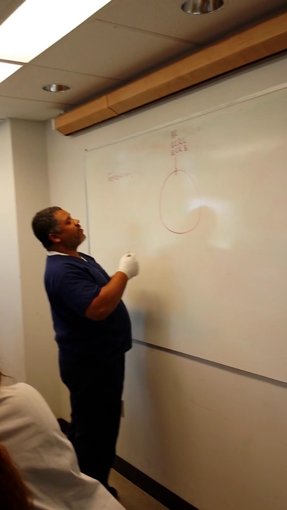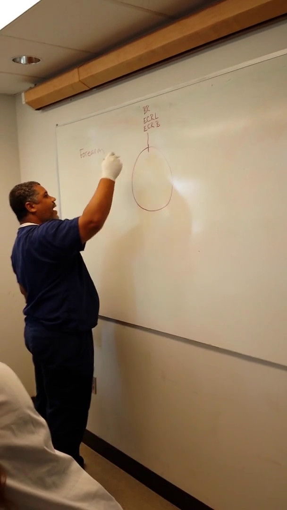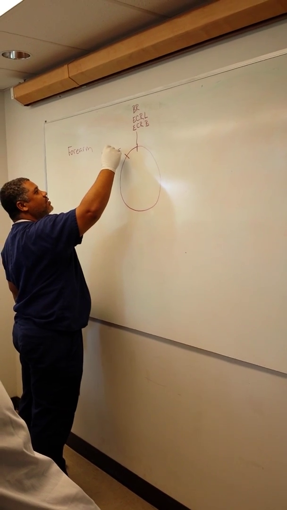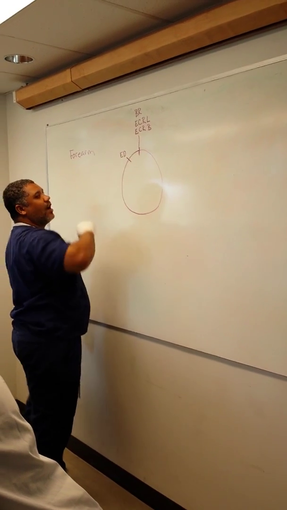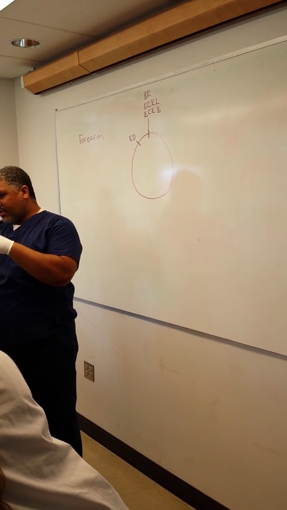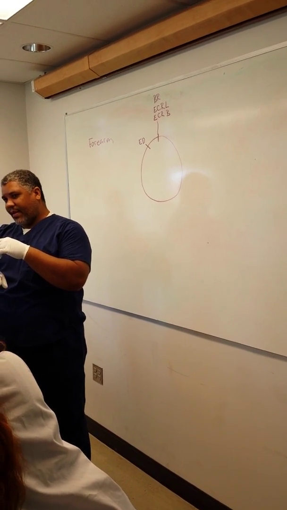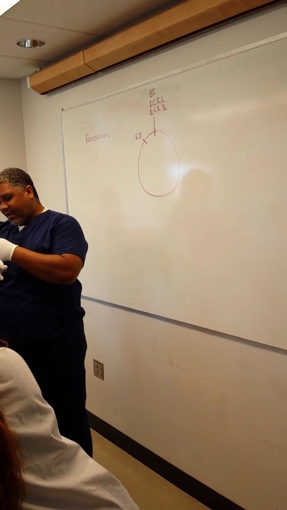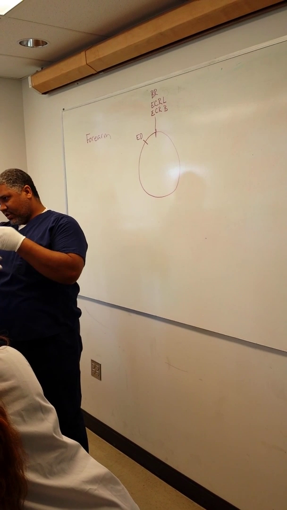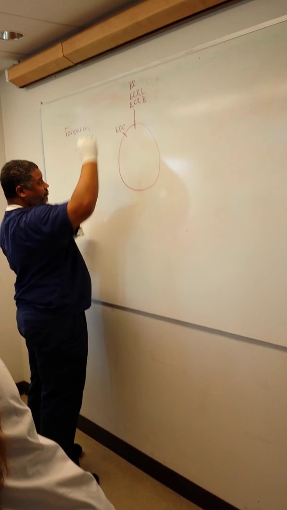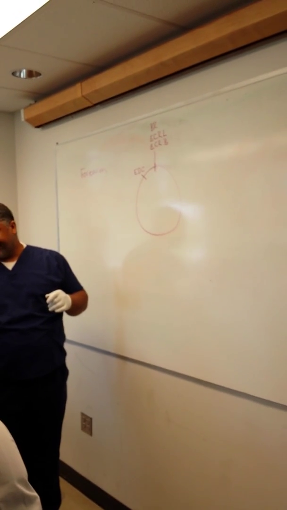Okay? So the first muscle you're going to come across going backwards will be here, and that will be the extensor digitorum. Now, the human is a little bit different than the cat, but basically what you have is this extensor digitorum that actually extends all the digits, so it's called the communis. So extensor digitorum communis.